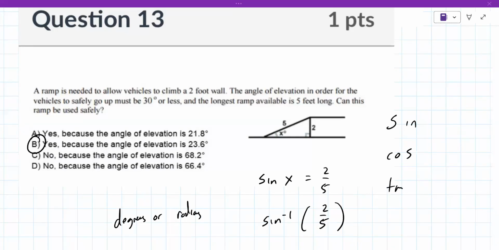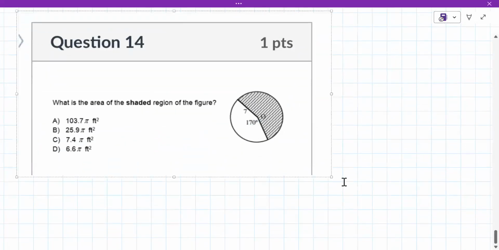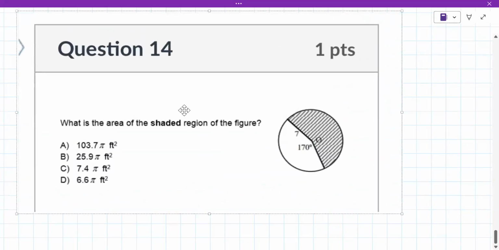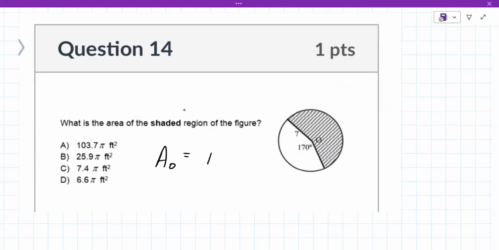All right, 14 here. I'm going to snip this in. What is the area of the shaded region of the figure? So the area of a circle, start with that, pi r squared.